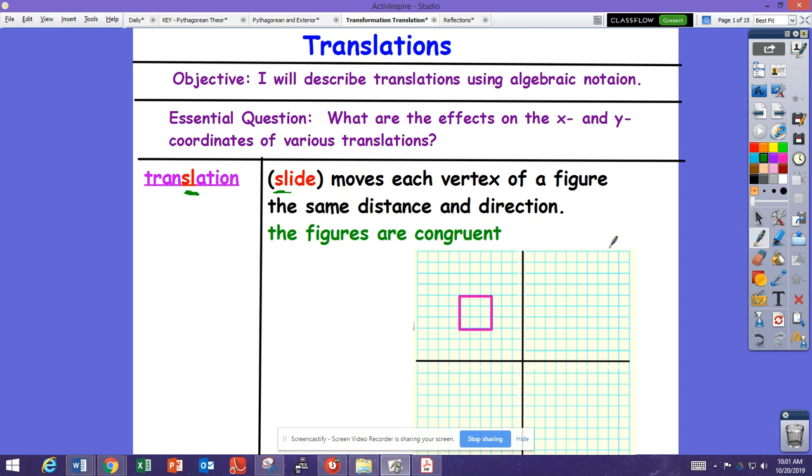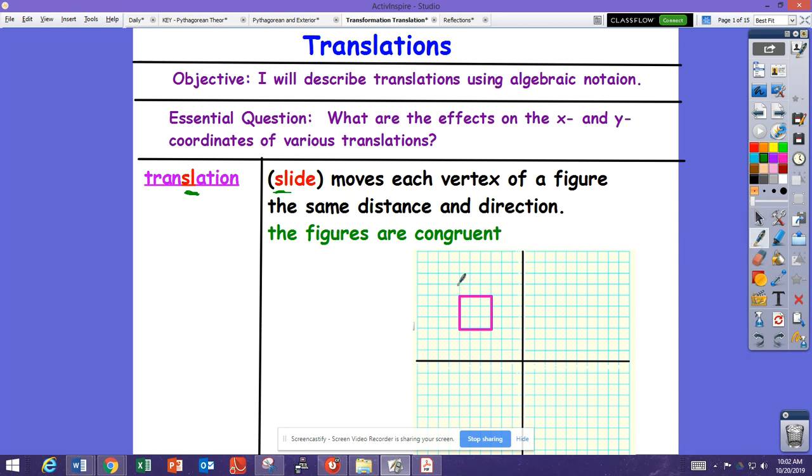And so, just a quick visual of what a translation is. Every vertex of a figure is moved in the same direction. A vertex is like the points on a shape, where two lines meet. If every vertex is moved the same distance and same direction, that's how the whole shape moves.